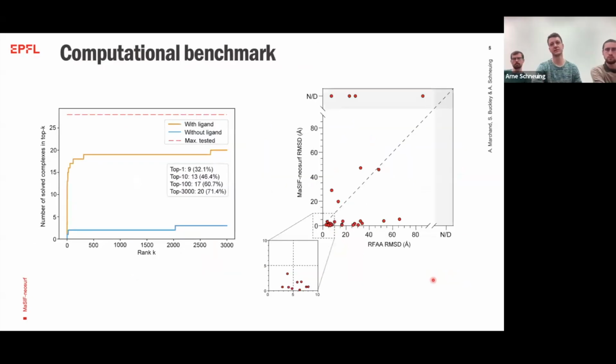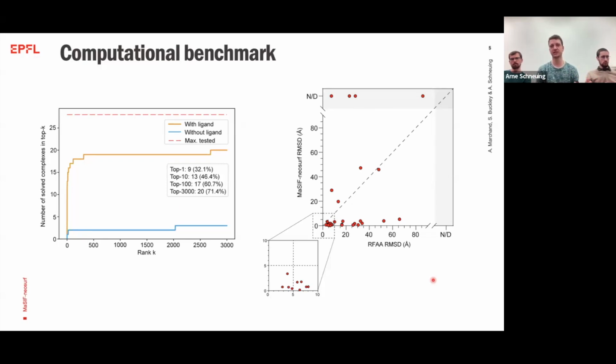All right, and then this is the last bit about the computational part. Of course, we need to benchmark this a little bit. What we did here was we took 14 ternary complexes that people in the lab knew about or had experience with. And then we split them into two cases each, because basically you can now assume that the small molecule is either part of protein A or part of protein B. So overall, we had 28 benchmarking cases.